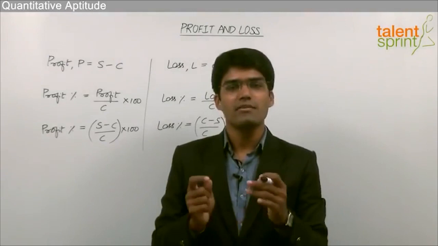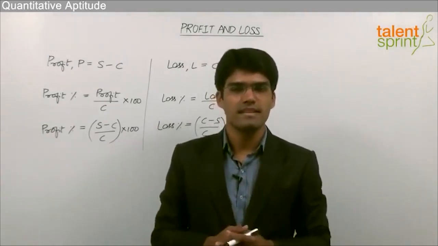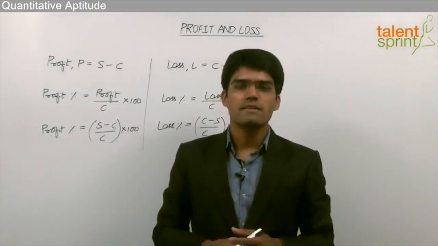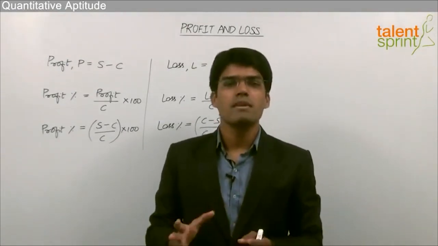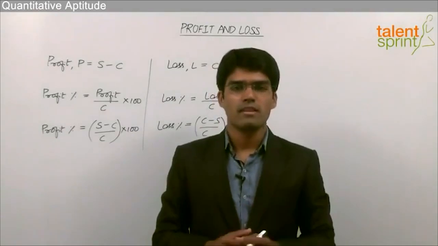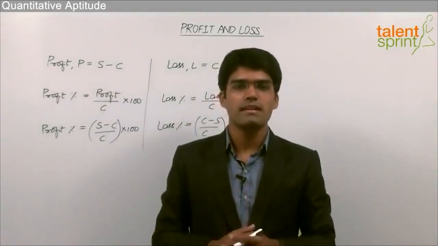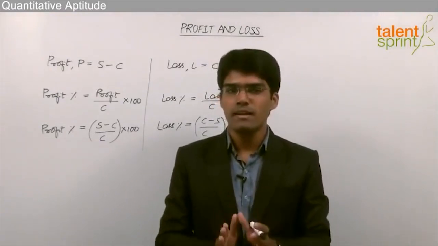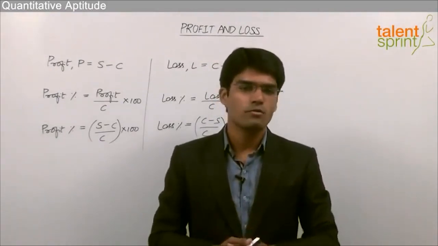It is important that we convert these profits in terms of percentages, and only then a proper comparison can be done. It would be wrong if we simply come to a conclusion that B is making more profit when compared to A. Why? Because profit which has been obtained is always on the investment made. So we always need to consider the investment before we compare the profits of two persons.